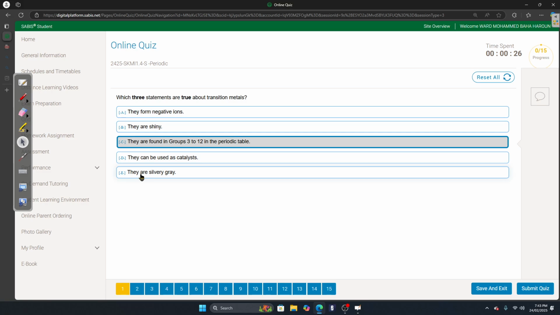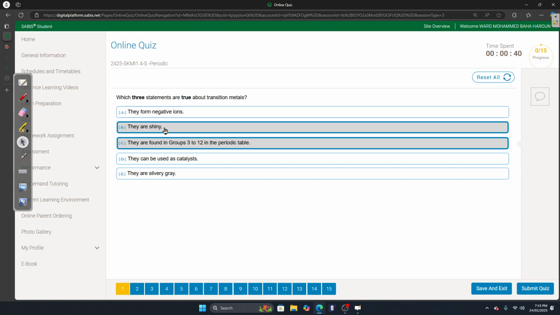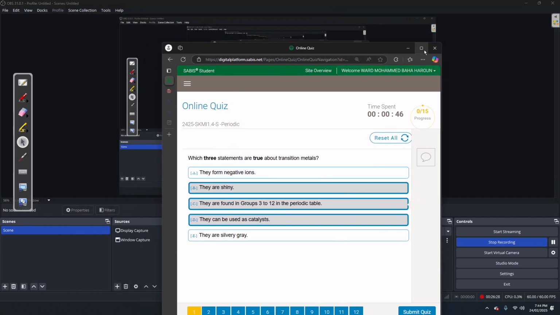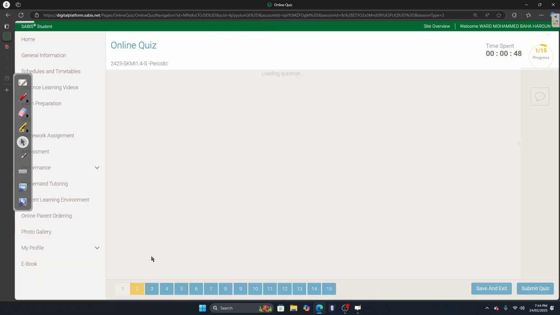This is not true. Most of them I would say are silvery gray, but not all of them. Like copper, let's say copper is an example. Copper is, I think, reddish. They are shiny, yes they are, and they can be used as catalysts. Okay, memorize that, please.